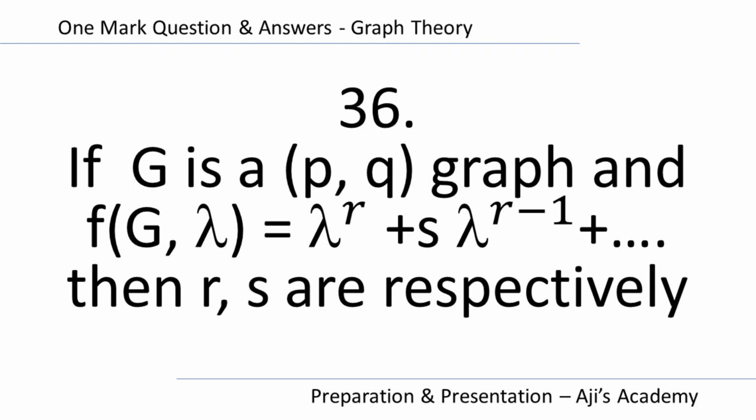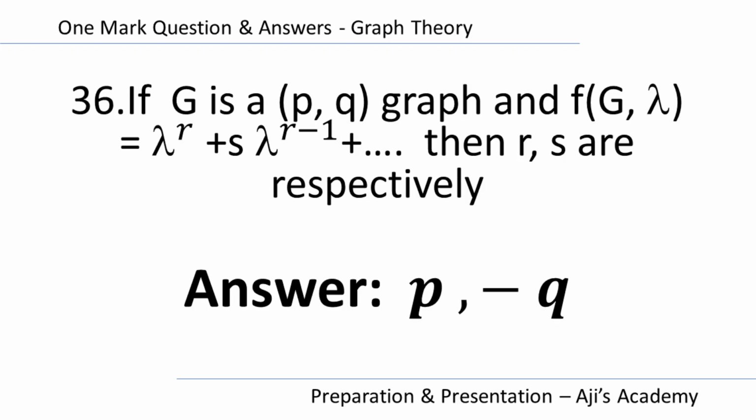So they are asking r and s. So answer is r is p and s is minus q, because minus s is q and therefore s is equal to minus q. So answer is r and s are p comma minus q respectively.